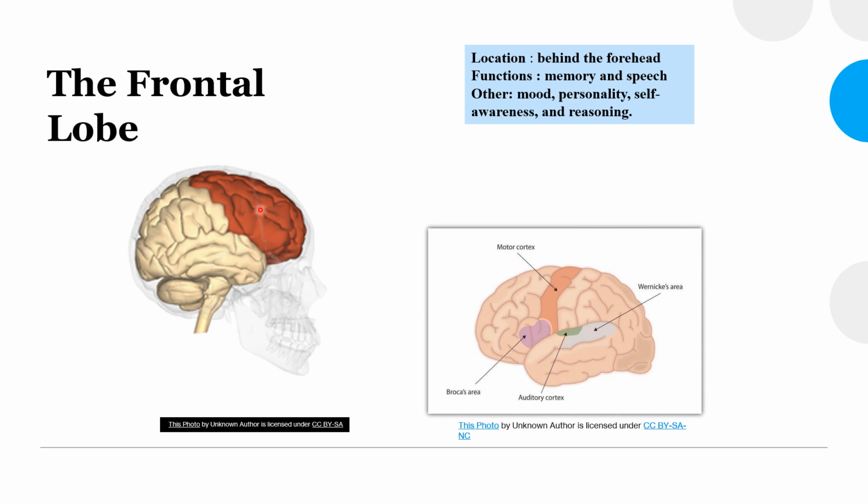The functions of the frontal lobes are prospective memory, which is a type of memory involved in remembering daily plans, made from daily planning to lifelong plans. Speech and language. Now, I want to take a closer look at how speech and language occurs. There's an area within the frontal lobe called the Broca's area and the motor cortex.